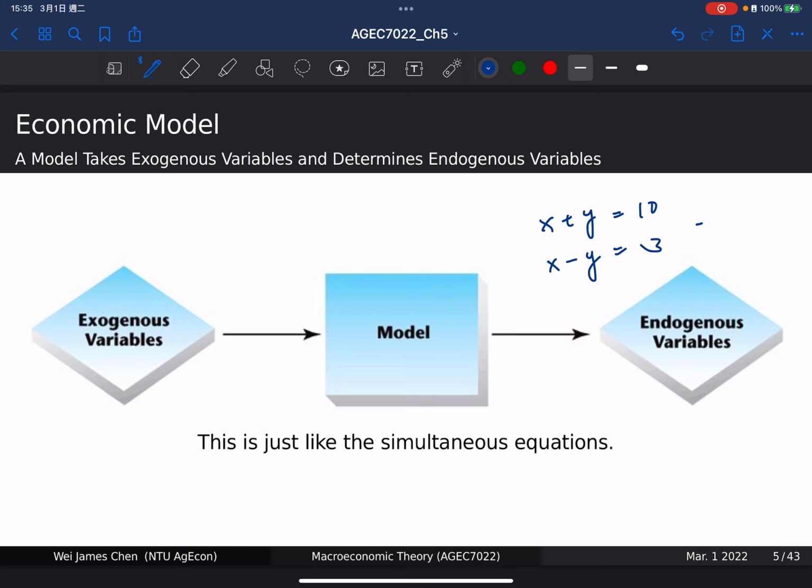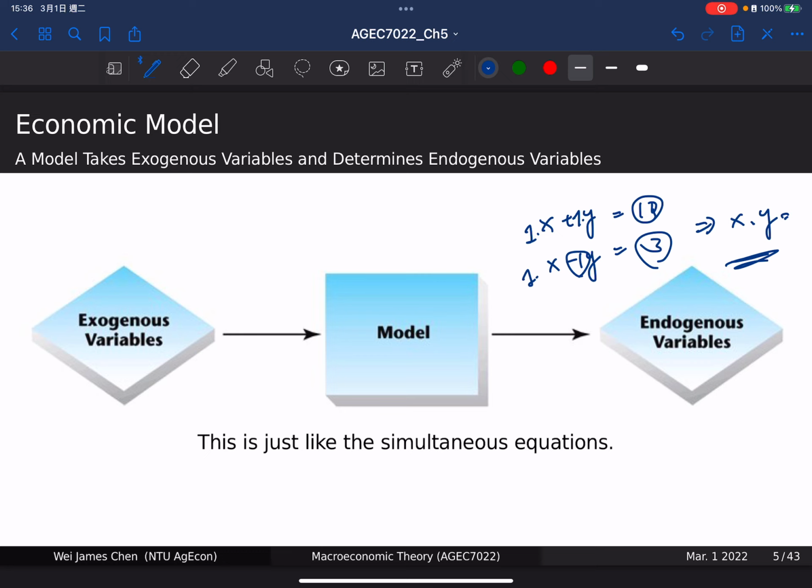Then you can solve for x and y, right? Here, what is endogenous and what is exogenous? The coefficients in front of the x and y, the minus 1 here, and the 10 and 3 are exogenous variables. When you solve, you know that x equals something, y equals something. The x and y here are endogenous variables.